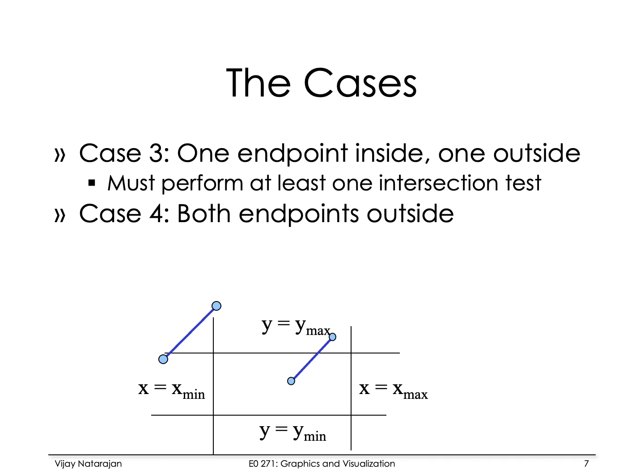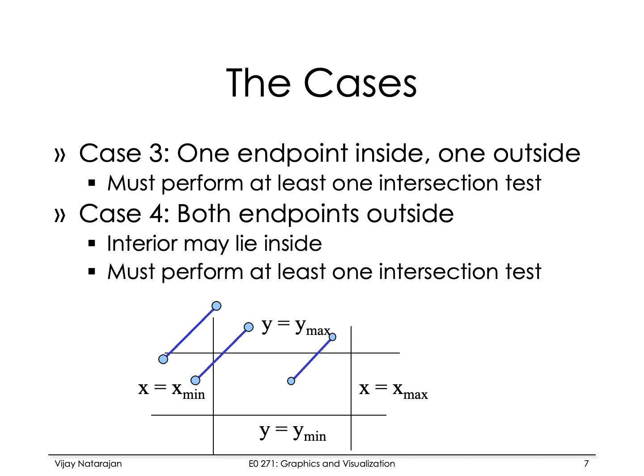But you may have multiple cases. Here is another case where both endpoints lie outside. In the first case, you would like to reject the line segment and clip it out, whereas in the second case, you do want to intersect it with the clipping window and find this line segment that lies inside.